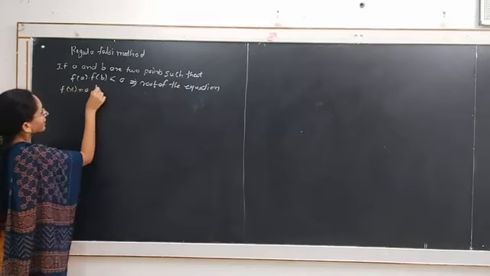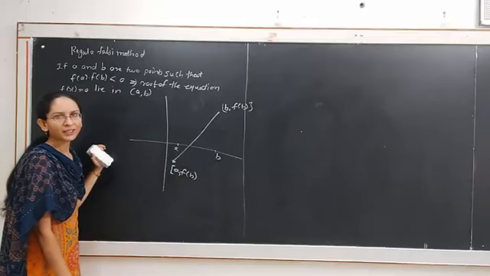In the regula falsi method, we consider these points a and b on the graph of the function f of x: the points a, f of a and b, f of b. The line joining these two points is called the interpolating line.